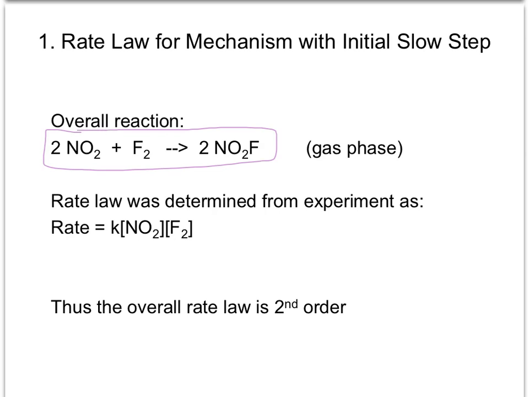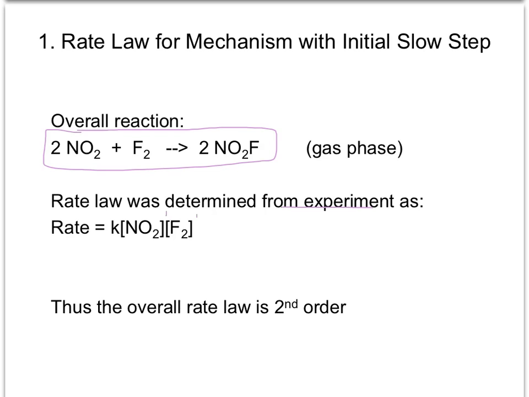Just write it and forget about it. It's the gas phase. Now, from experiment, it was determined that the rate law for this reaction is k times NO2 to the first power and F2 to the first power as well. So you know how to figure that out.